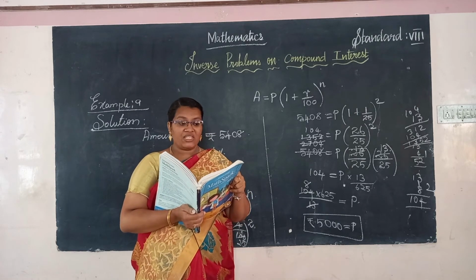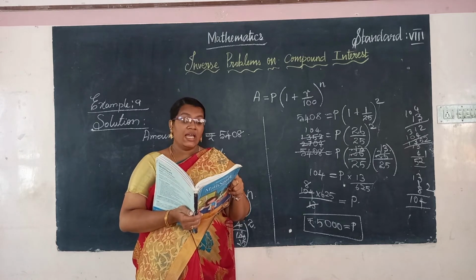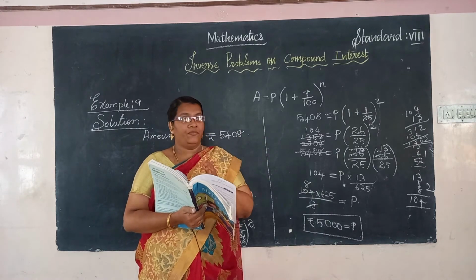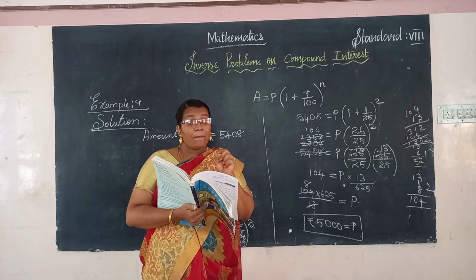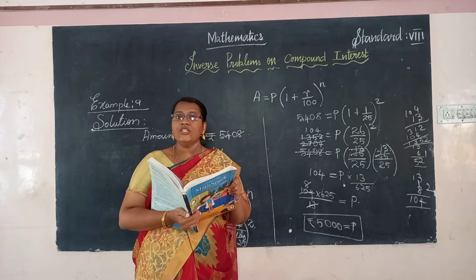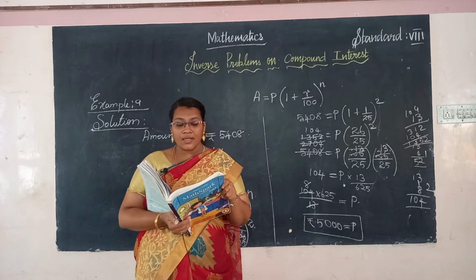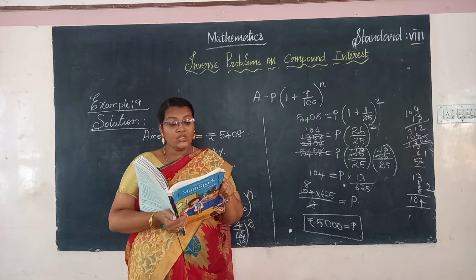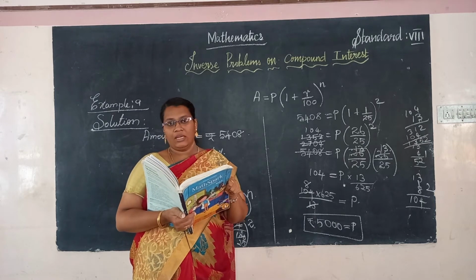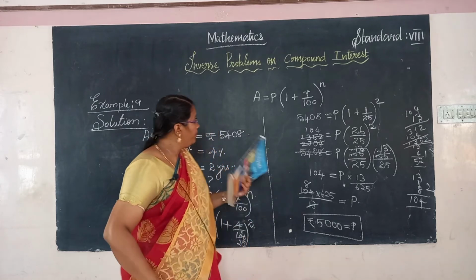First, 20,000 we consider the principal amount, and it becomes the amount rupees 24,200 after 2 years. So which details are given? The principal amount, the amount, and the years are given. You have to find out the rate of interest.